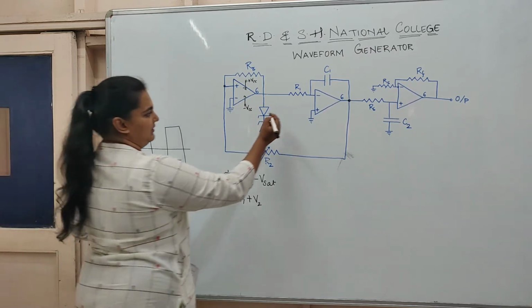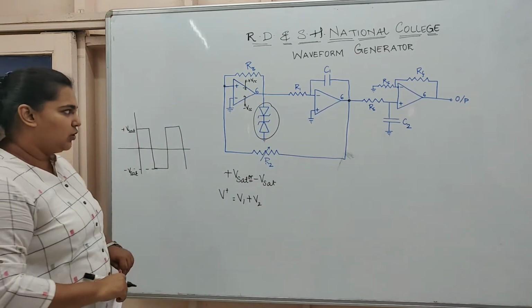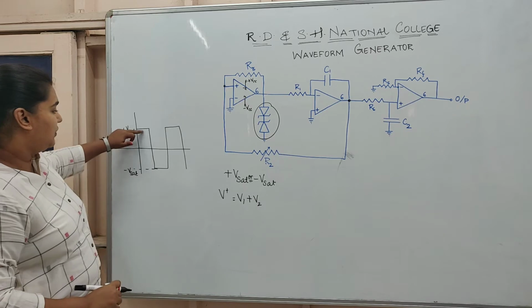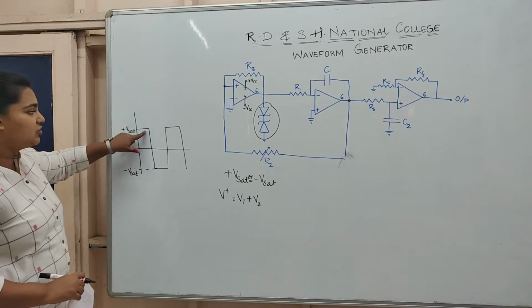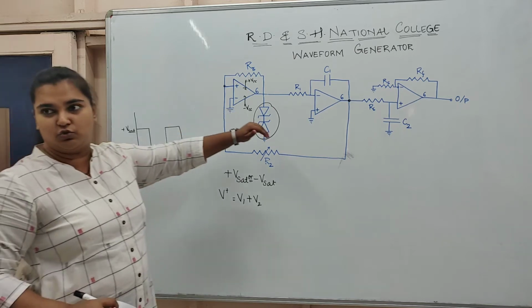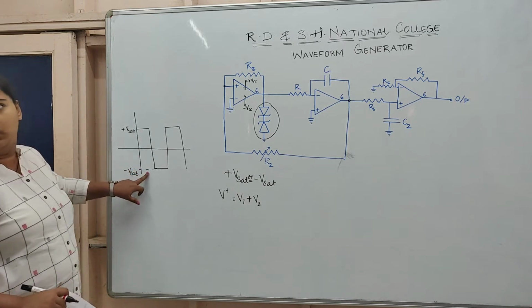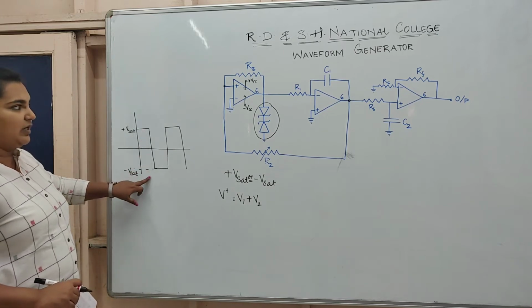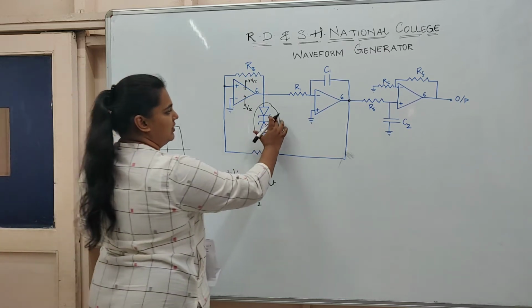I have connected a back-to-back Zener here because the difference between positive and negative VSAT is very large. There will be a sudden jump, even if you keep it at plus minus 12, of 24 volts to go from positive to negative. So to limit that voltage, we consider a Zener back-to-back.